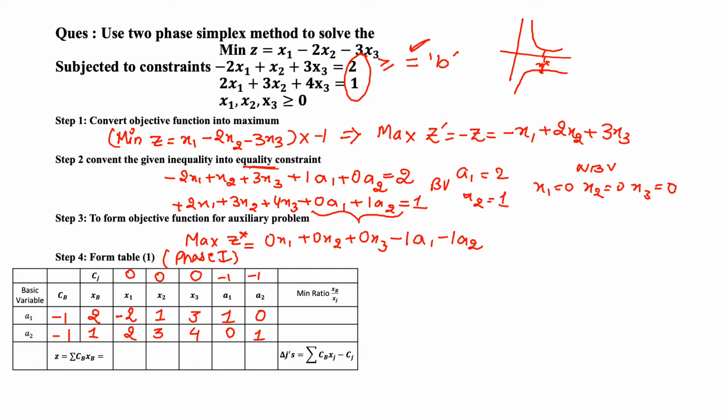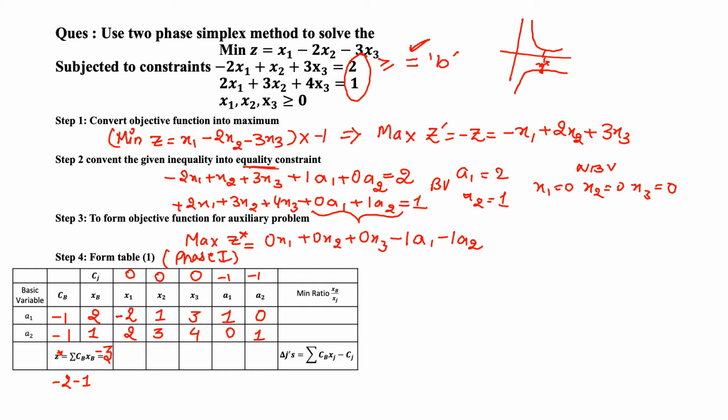With these coefficient values we have filled the matrix. Now the first step is to identify my z star value. -1 into 2 is -2, -1 into 1 is -1, and the sum of them is -3.